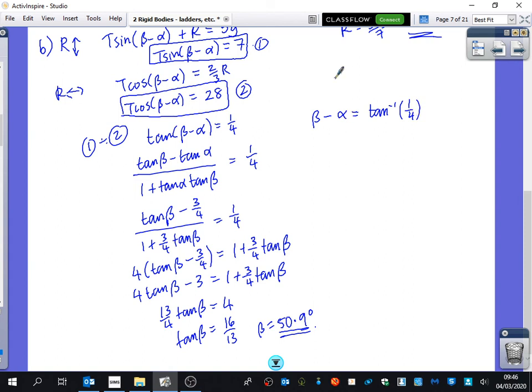And we know what alpha is because alpha is the inverse tan of 3 over 4. So beta is the inverse tan of a quarter plus alpha, which is the inverse tan of 3 over 4. And when you put all of that into your calculator, you get the answer 50.9, but you wouldn't get this exact answer if they asked you to find out what tan beta was, okay?